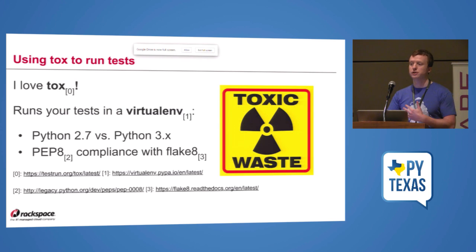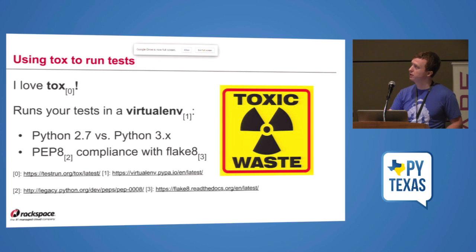And so it makes it easy to write tests once and then create environments for different versions of Python, like Python 2.7 versus some version of 3. I think 3.5 just came out. So it'd be really easy to get your unit tests and make sure that they run under 3.5 with Tox.